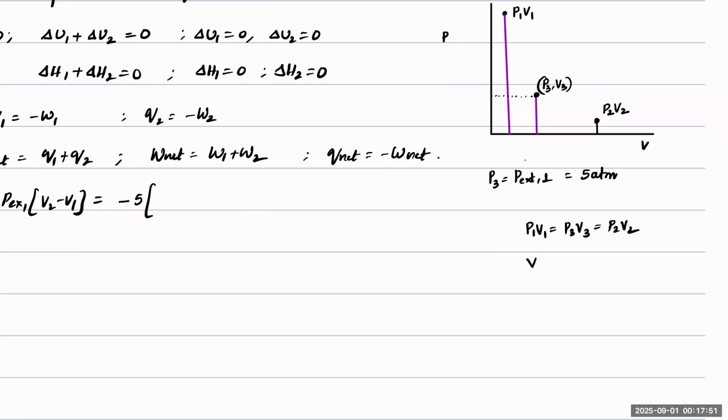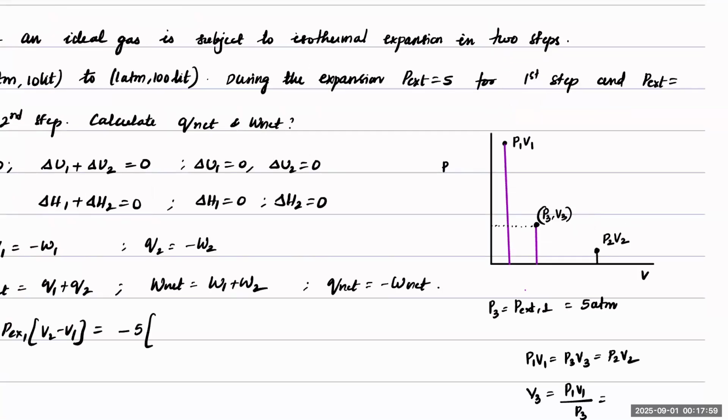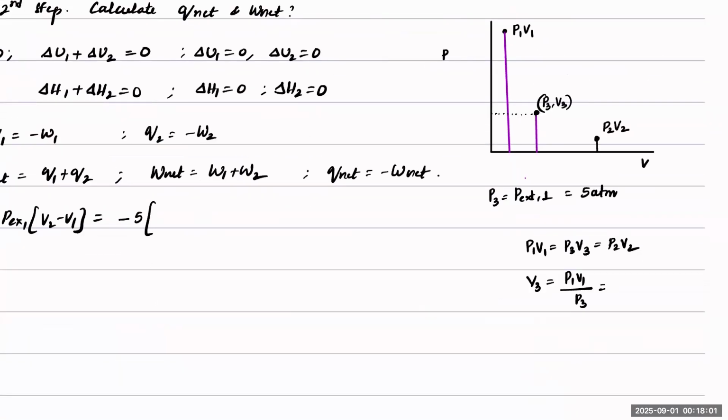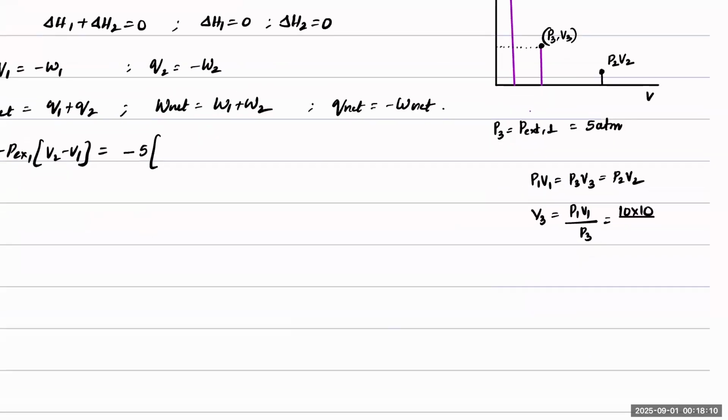So from here, V3 has to be equal to P1 V1 by P3. P1 V1 is given already as 10 into 10. And P3, as it reaches a point here somewhere, like a step 1, is given as 5. So which means it is 20 liters, isn't it?